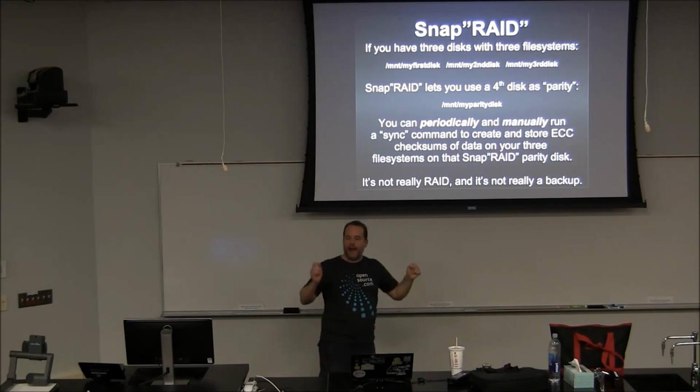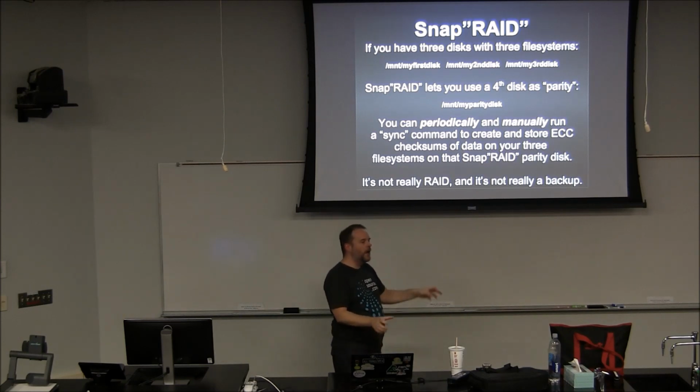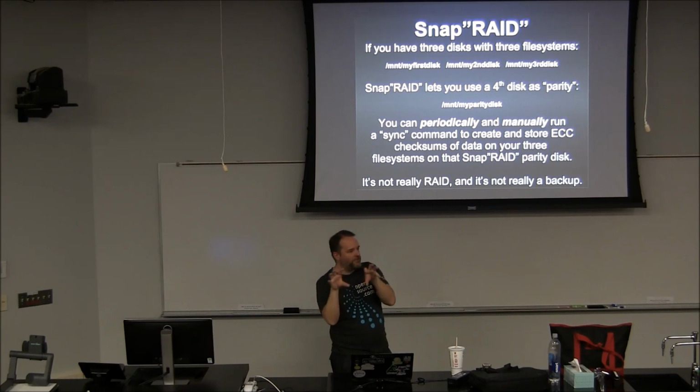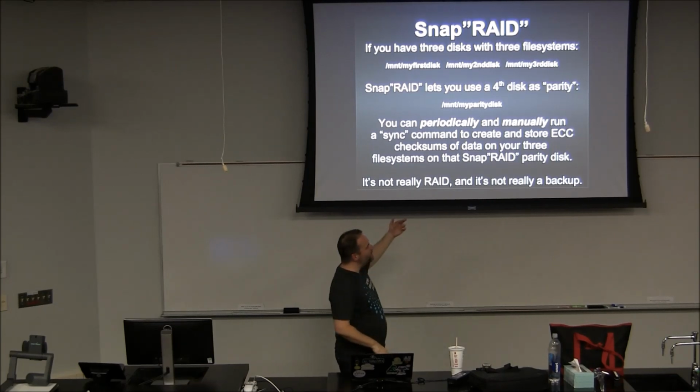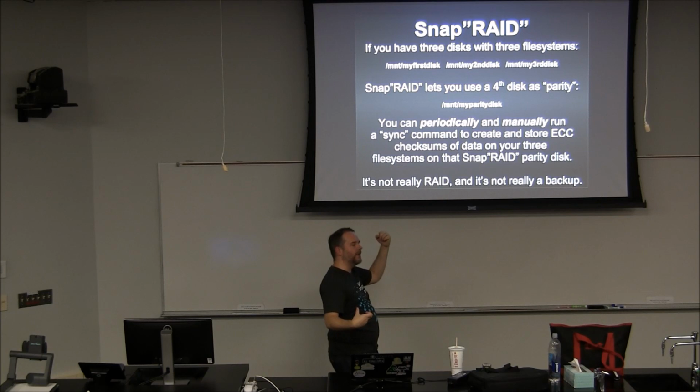And you tell SnapRaid, now I want you to do a sync, and SnapRaid will grovel all over your first 3 disks on a file-based level, and it will do this monstrous parity calculation between files that it decides it wants to match up amongst the 3 disks, and store all this parity on the 4th disk. So now if you lose one of those 3 disks, you can reconstruct what was on it from the parity that was saved on the 4th disk and the remainder of the stuff that's on the first 2 disks.